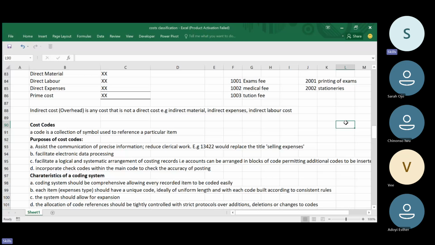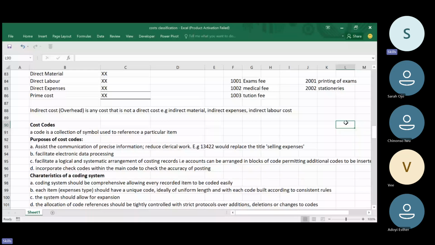Then it facilitates electronic data processing. Cost codes facilitate electronic data processing. Then it facilitates a logical and systematic arrangement of costing records.